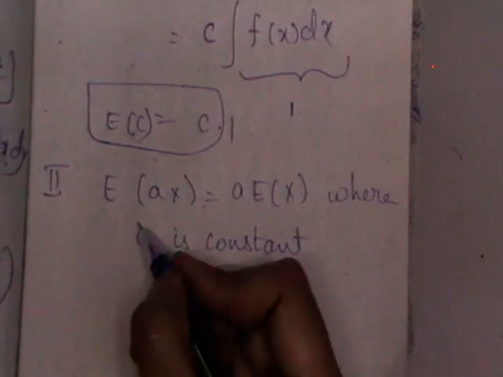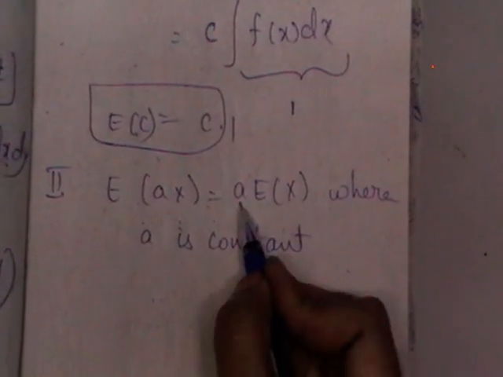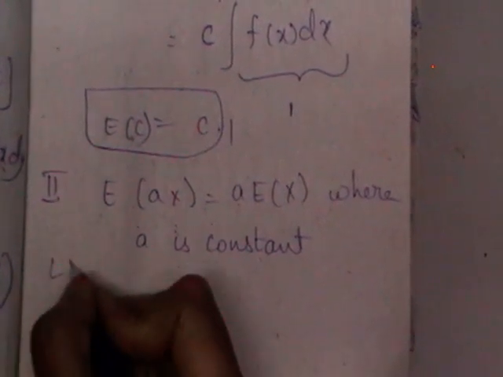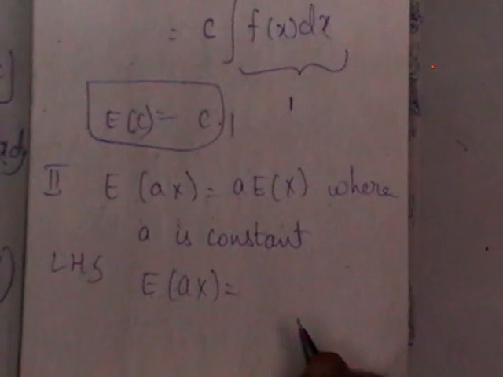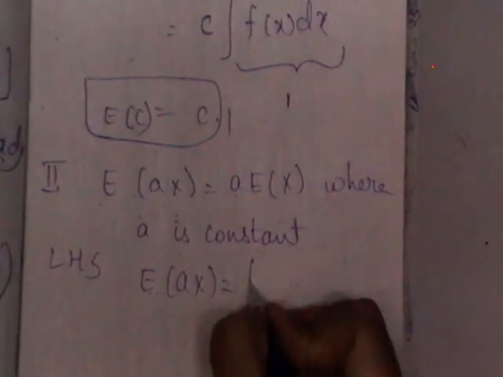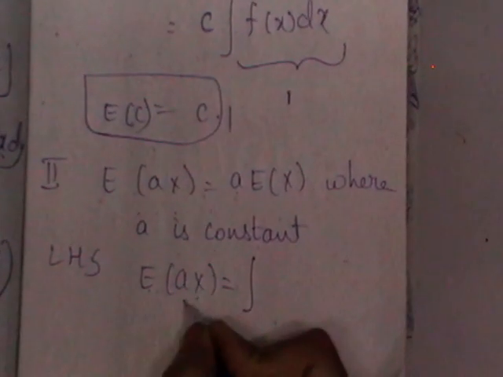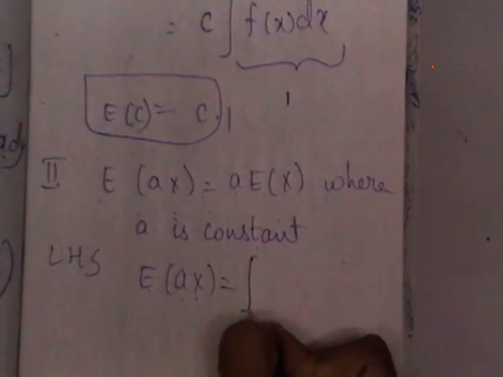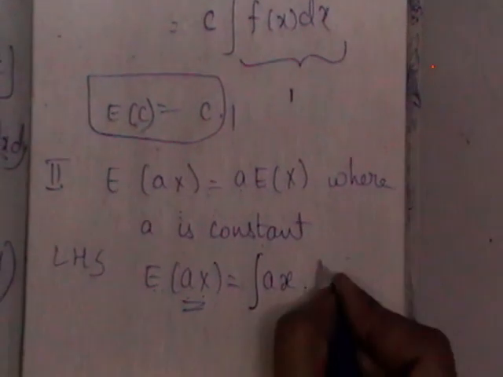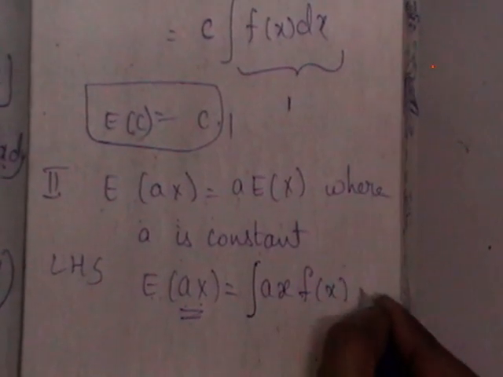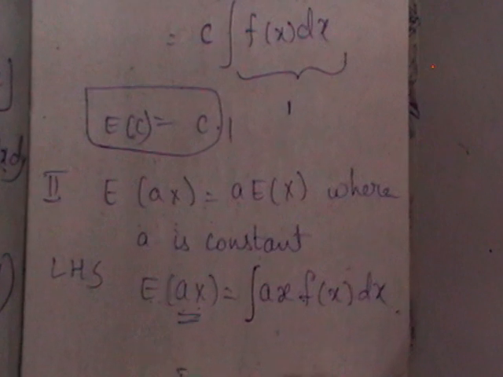Whenever we have expectation of 2x, expectation of 3y, it becomes 3 into expectation of y. So let us consider the LHS, expectation of Ax. If it is a continuous variable, as we have only one variable and A is a constant, you will start with the integral. Within the brackets we have Ax, and you will write the PDF of x, which is f of x dx.